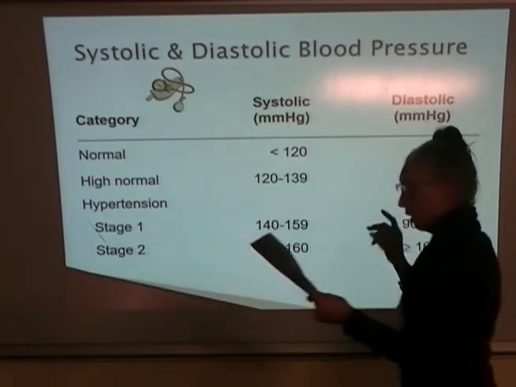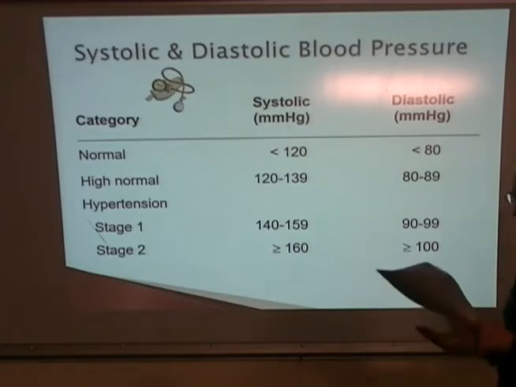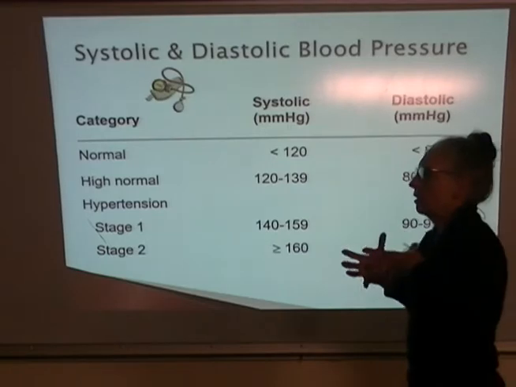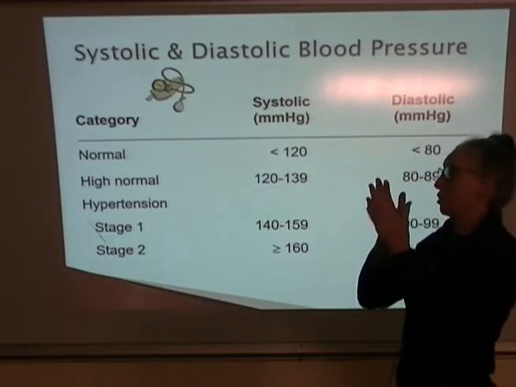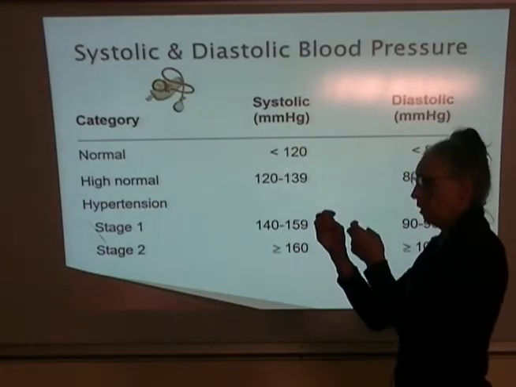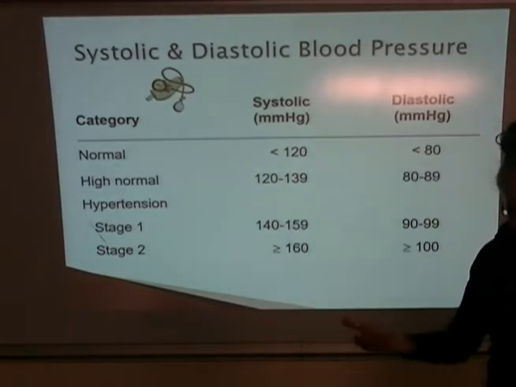Was I? Okay, yes. So when we increase cardiac output, when we do exercise, essentially the heart is pushing out more blood into the same physical area. So exercise increases blood pressure for that reason.